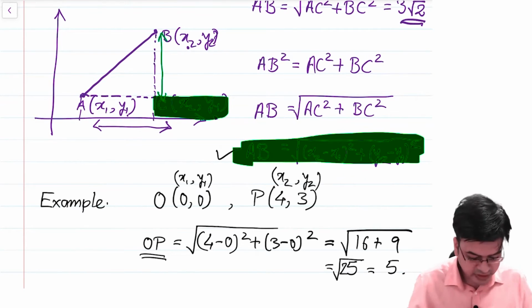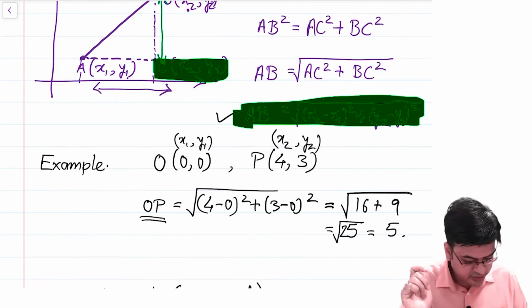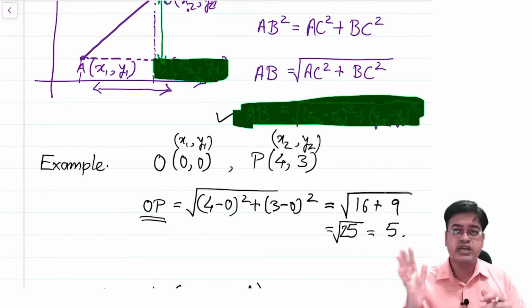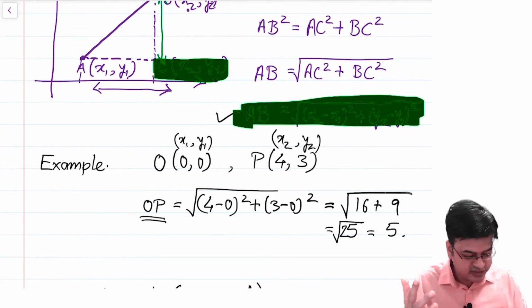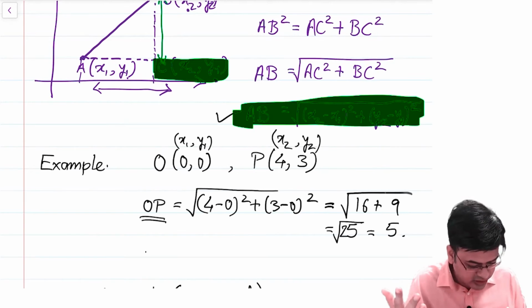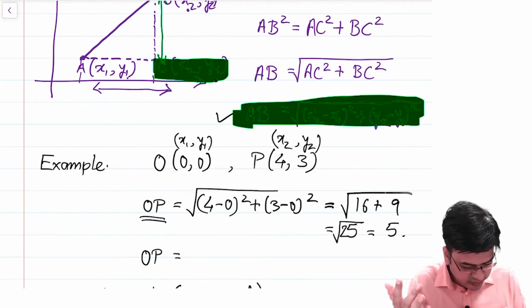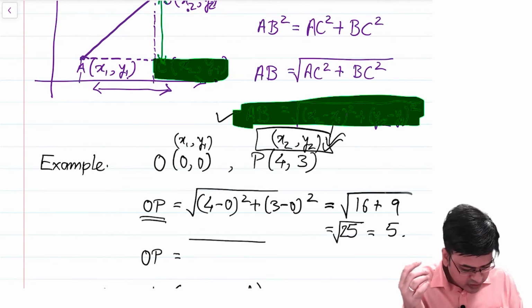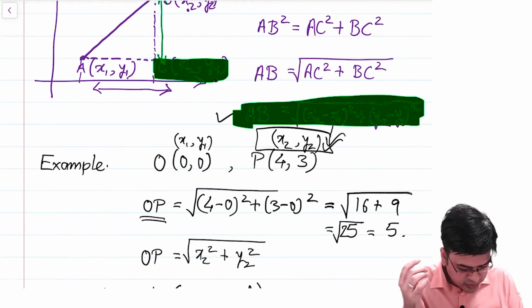Now here one interesting thing has happened. If I translate this into general notation, that if I want to compute the distance of any point from the origin, I can actually get one interesting formula: OP will be equal to, using this notation now, x2, y2, simply the square root of x2 square plus y2 square.